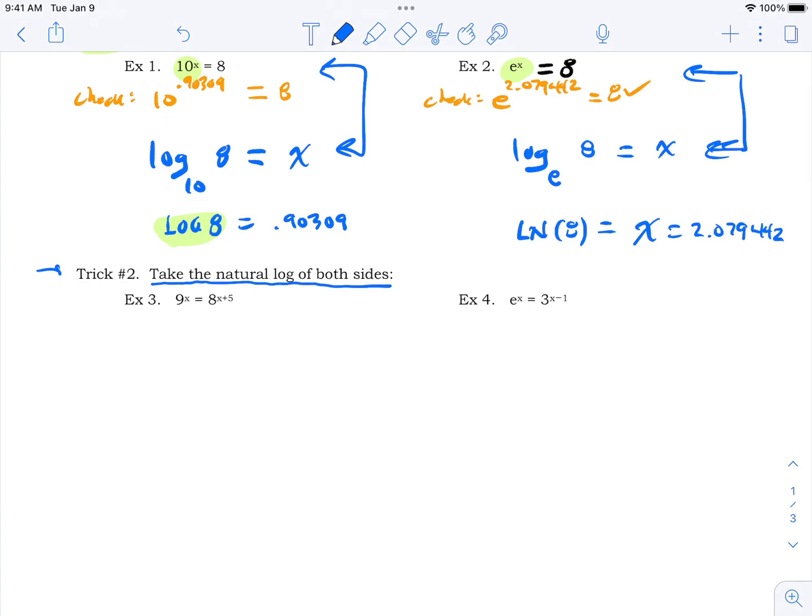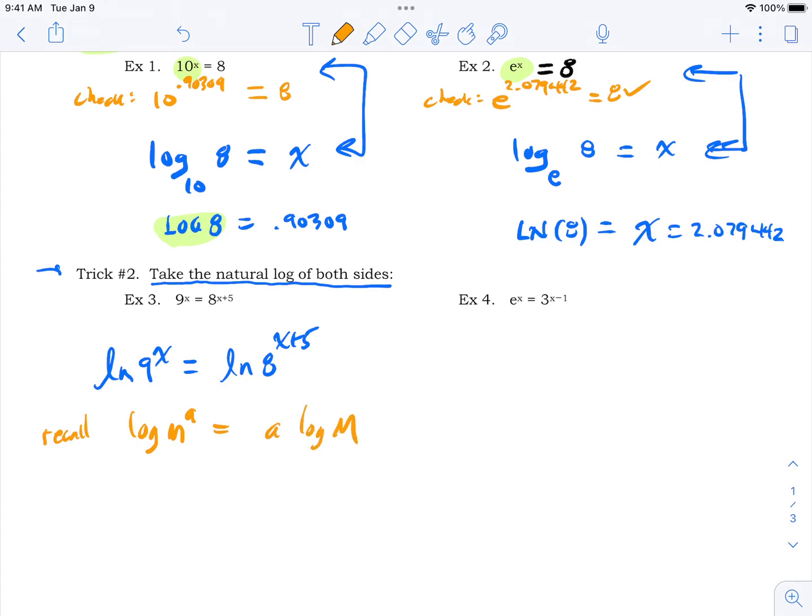It's going to work. So I'm going to take the natural log of 9 to the x, and then I'm going to take the natural log of 8 to the x plus 5. And now you're asking, how the heck does that help? Well, it helps because, recall, we have a log property that says if you have something raised to a power, that power can come down front as a multiplier.